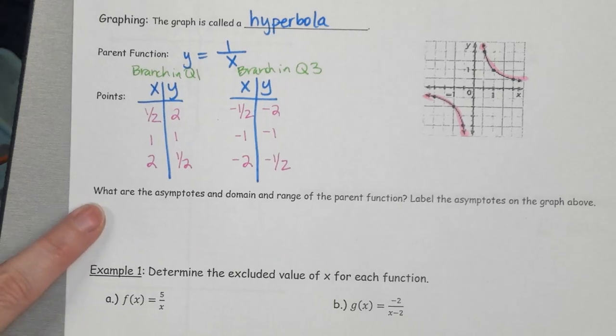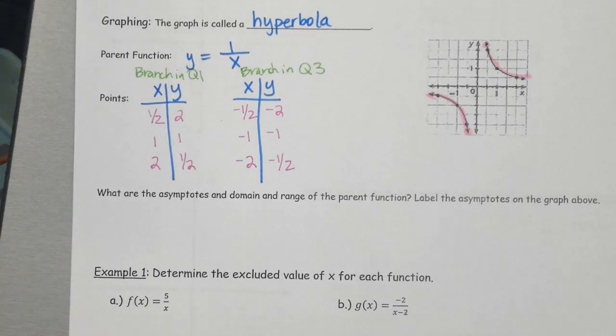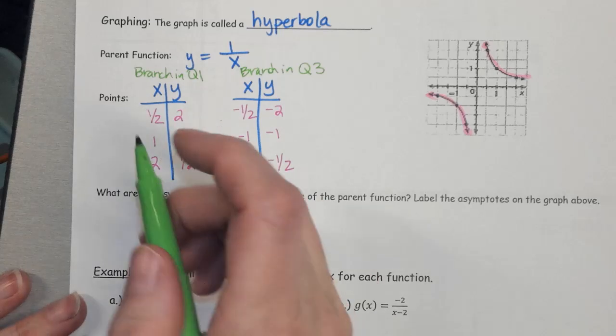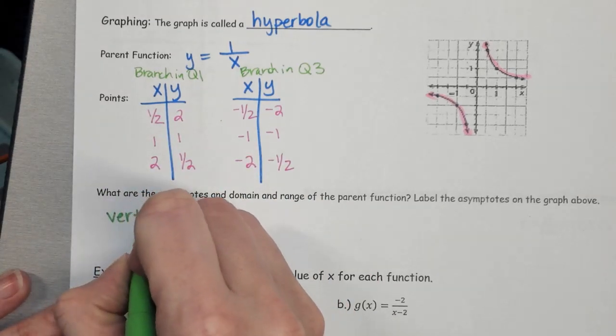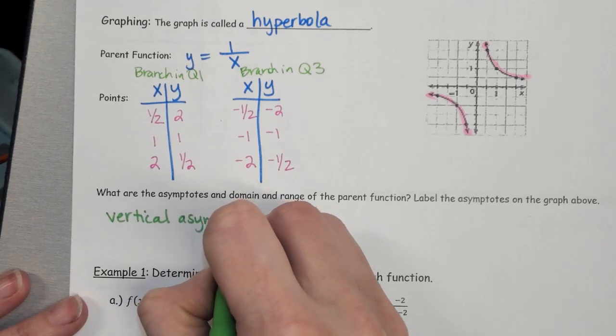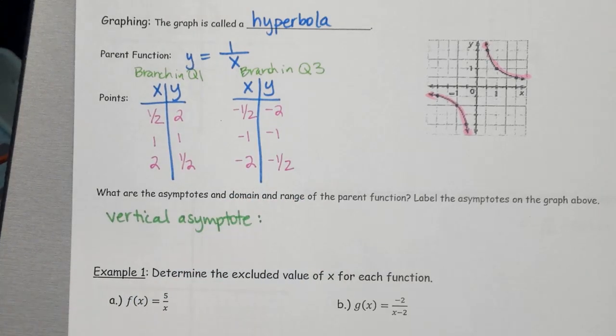And then I asked you to think about what are the asymptotes and the domain and the range. So we just read that vertical asymptotes occur where the denominator equals 0. So if we're finding the vertical asymptote of this equation, where would the denominator equal 0?